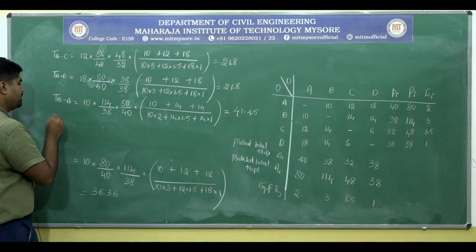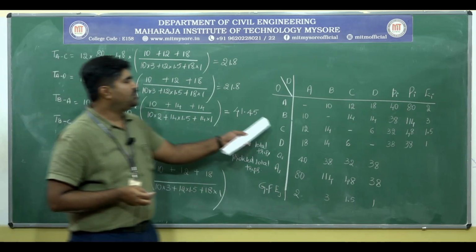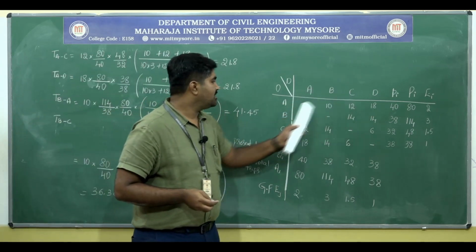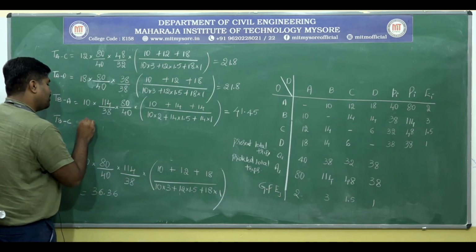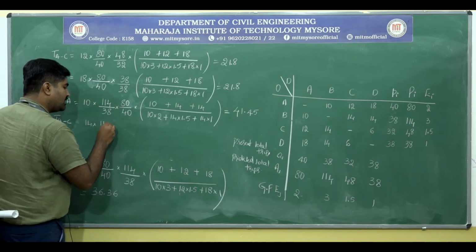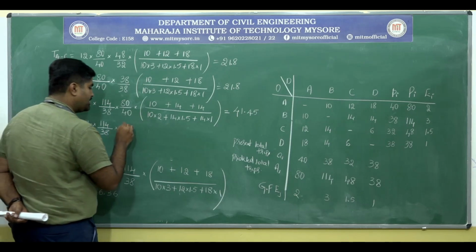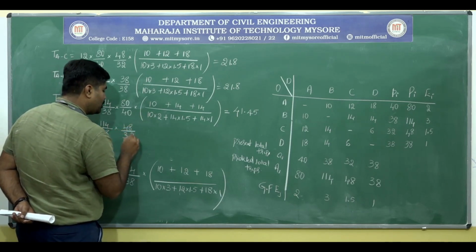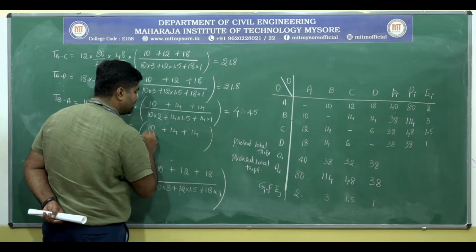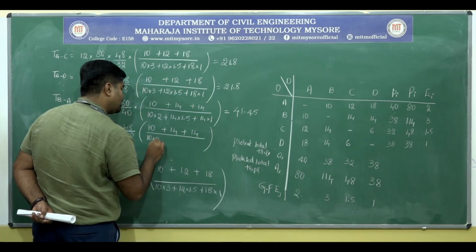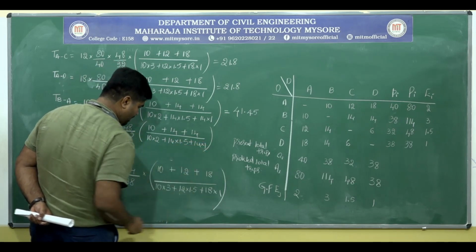Next, T B to B, see there is no trips between B to B. Next we have trips between B to C. B to C, there are 14 number of trips. 14 into 114 divided by 38 into 48 divided by 32, 10 plus 14 plus 14 divided by 10 into 2 plus 14 into 1.5 plus 14 into 1.